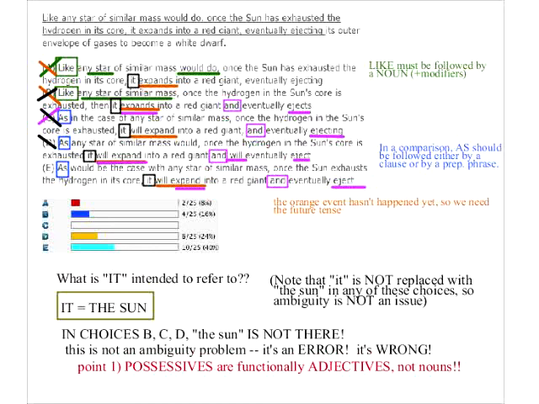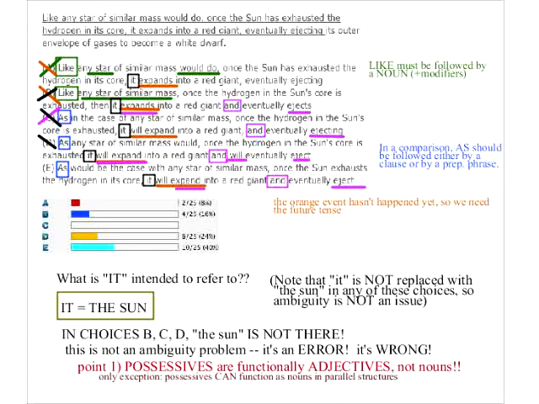The only exception is in parallel structures. Let me just give you an example. The only exception to this is that possessives can function as nouns in parallel structures.